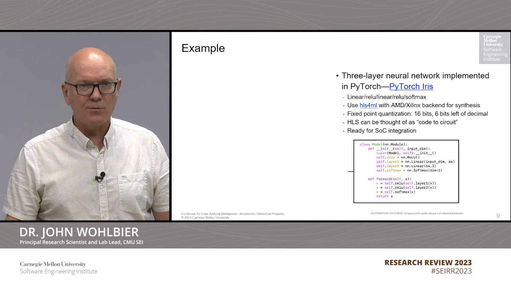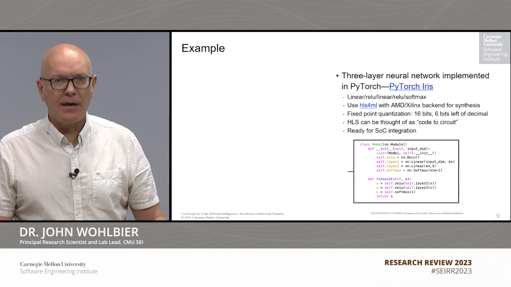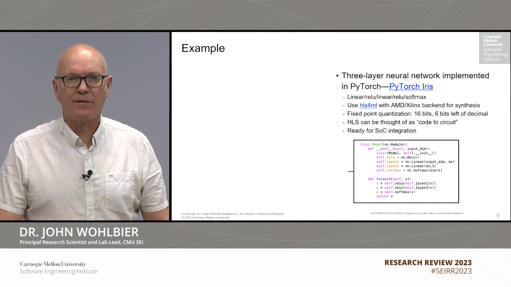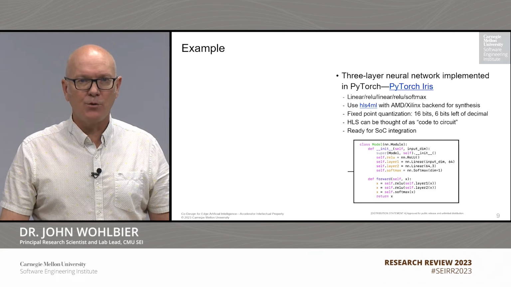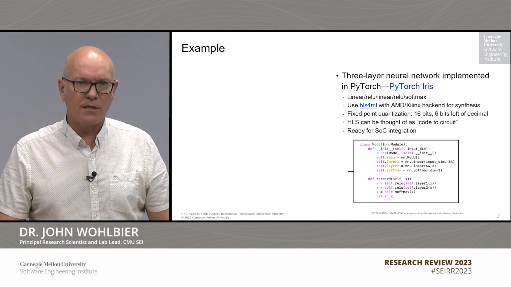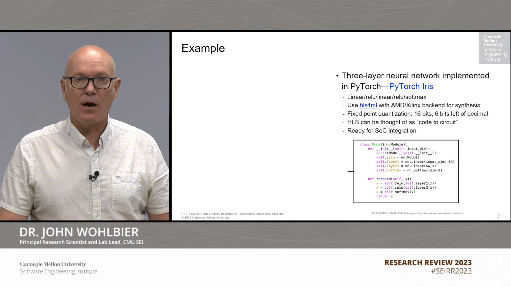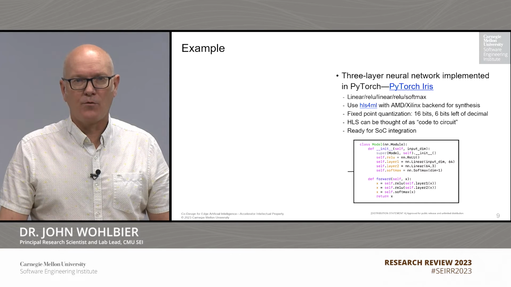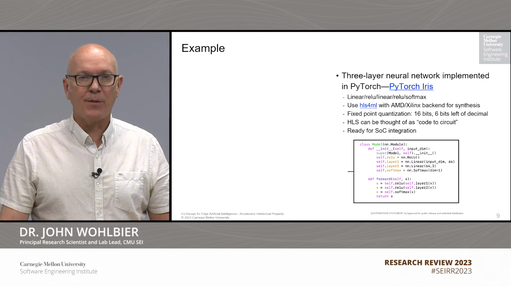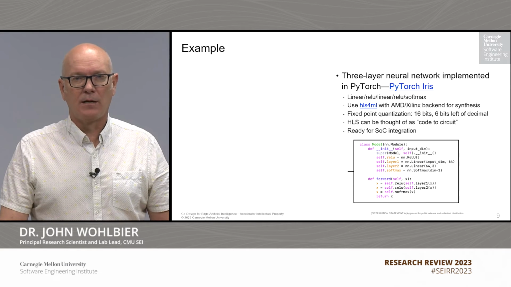In our particular case, we're going to use HLS for ML and the AMD Xilinx set of HLS tools backend to do the synthesis. One of the things that you do when you're doing the synthesis is you decide how you want to represent the information in the neural network.